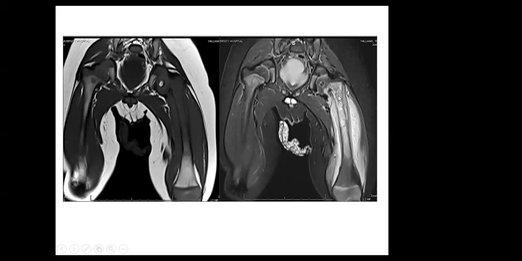So it's a quite extensive bony infiltration process with extraosseous mass, onion peel periosteal reaction. Overall appearances are in keeping with Ewing sarcoma. I don't think there is a differential diagnosis for this one.